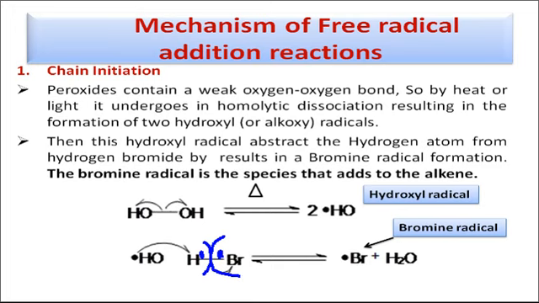So this results in the formation of the bromine free radical. So this is the chain initiation step, in which, due to homolytic bond cleavage of hydrogen bromide, a bromine free radical is formed.